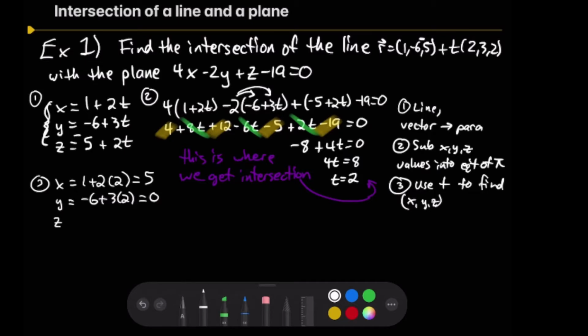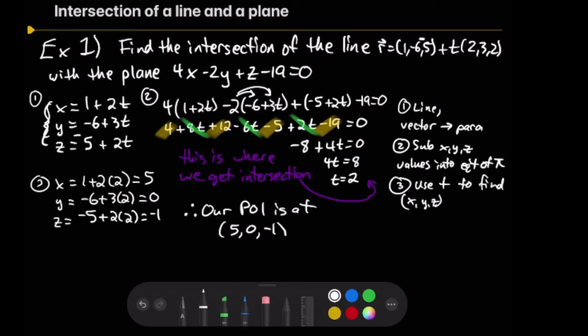And our z value, negative 5 plus 2 times 2 is going to be negative 1. So therefore, our point of intersection is at 5, 0, negative 1.